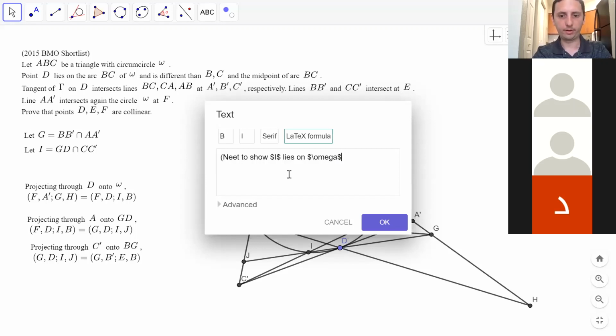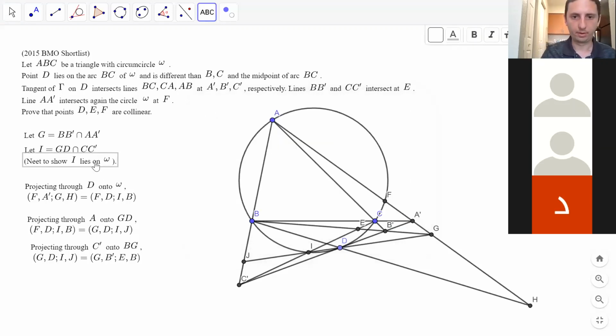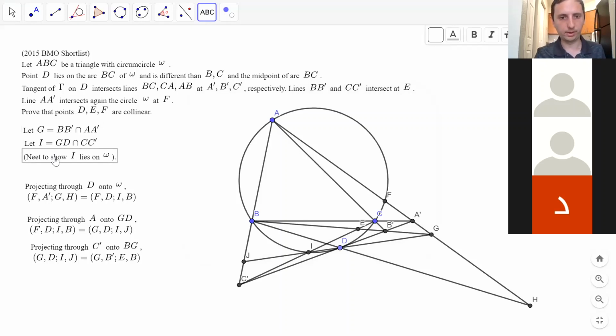But once we do that, then I wonder, you guys can let me know if I'm missing something here. Let J equal GD intersect AB.